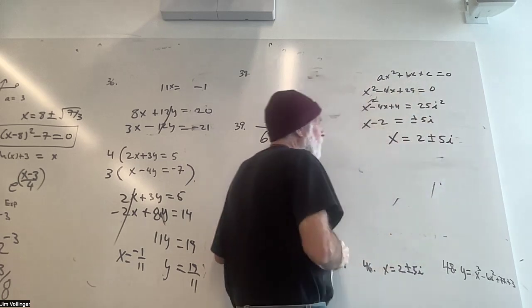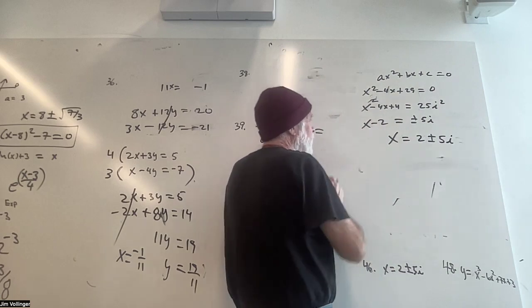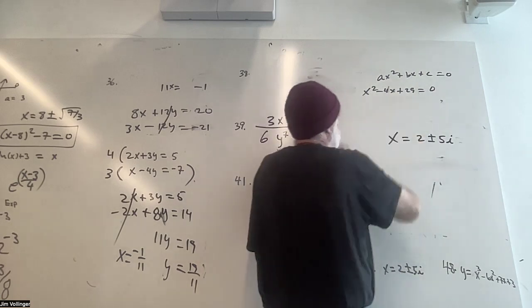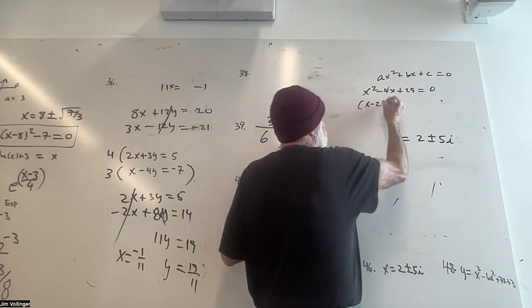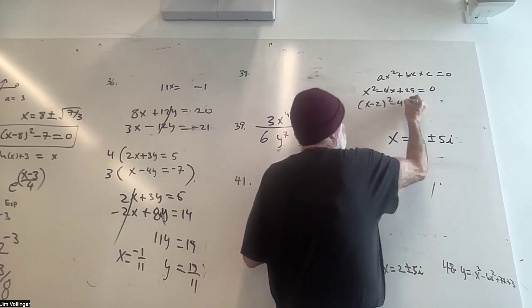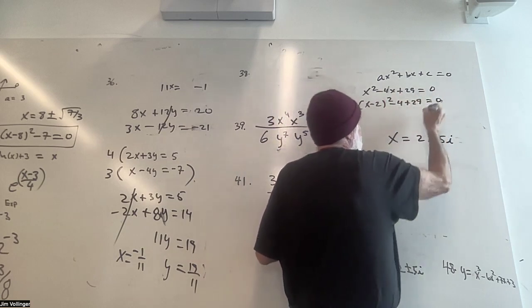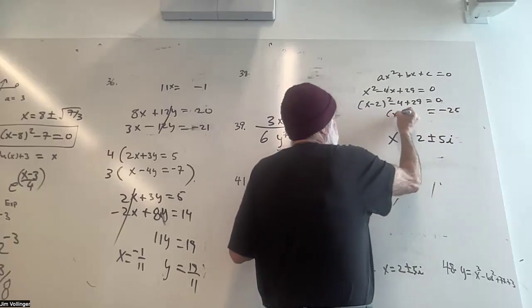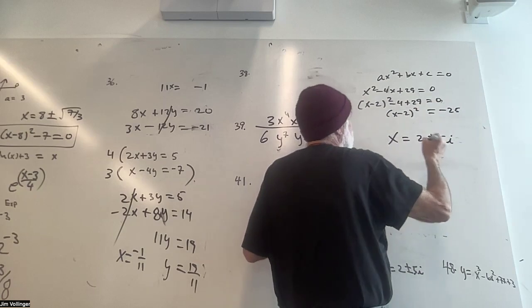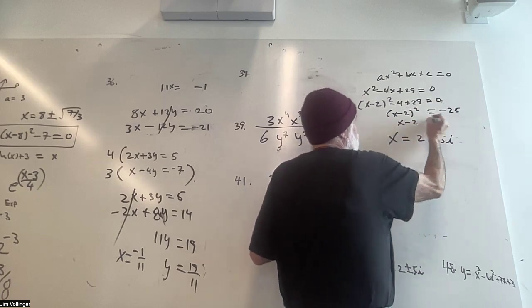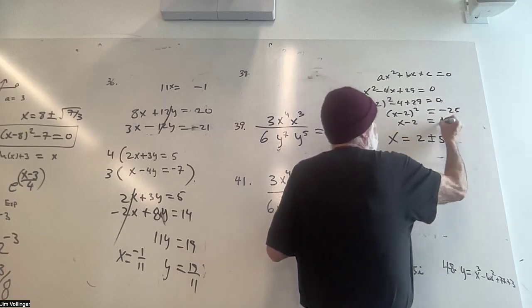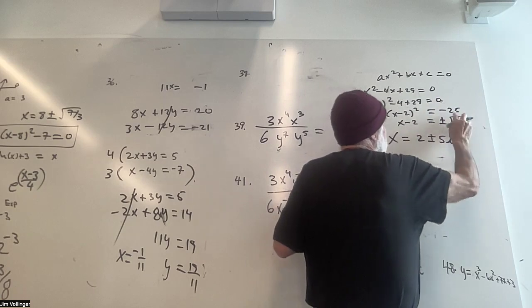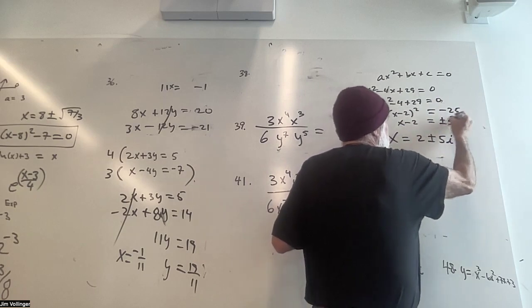Now I'm going to do completing the square to get back to that. So I am going to do x minus 2 squared minus 4 plus 29 equals 0. I can see that that becomes minus 25. I can see that this is x minus 2 squared, and therefore I can see that x minus 2 is equal to plus or minus 5i. I already did the square root.